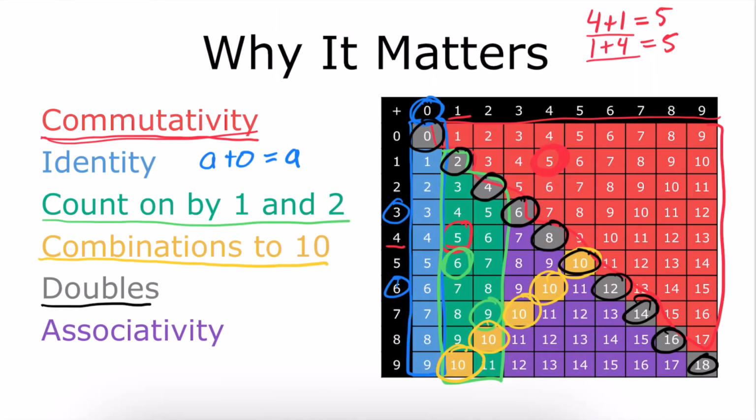So the way that you can use the associative property to memorize some of the addition facts is, let's say you had something like 8 plus 6. Well, the associative property says that it doesn't matter which things you add together first if you have 3 numbers that you're adding together. And so if you think about the number 6 as being 2 plus 4, then you can do 8 plus 2 plus 4 and add the 8 and the 2 together and then add the 4 on.